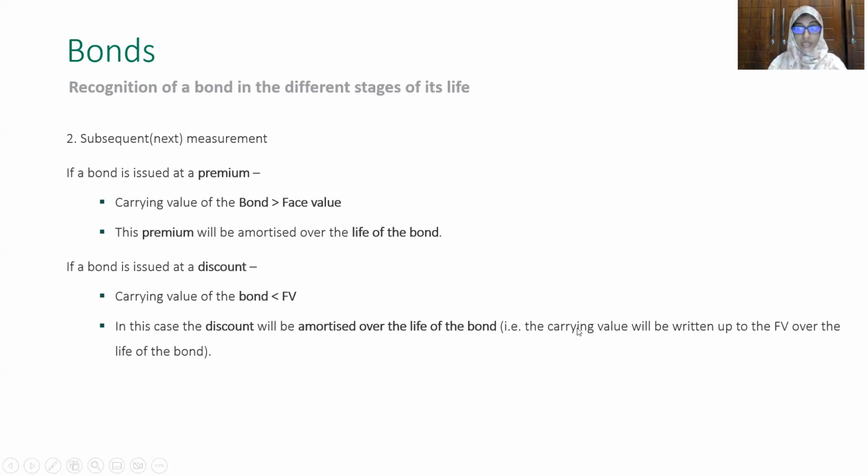We will be amortizing to the face value. That means the discount also needs to be written up. So that's how we do the measurement. This is how we recognize the bond in the different stages of its life. We spoke about the initial recognition. Thereafter, I spoke to you about the subsequent measurement, and during subsequent measurement, we talked about the premium and the discount.